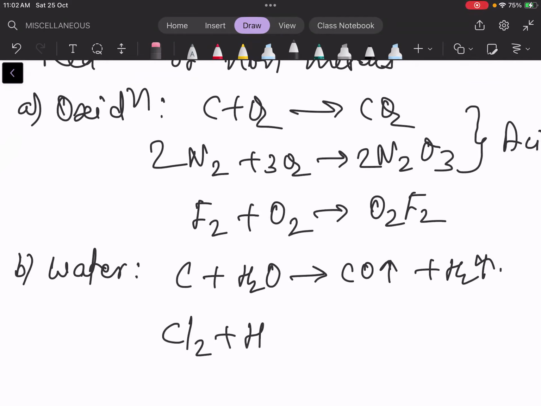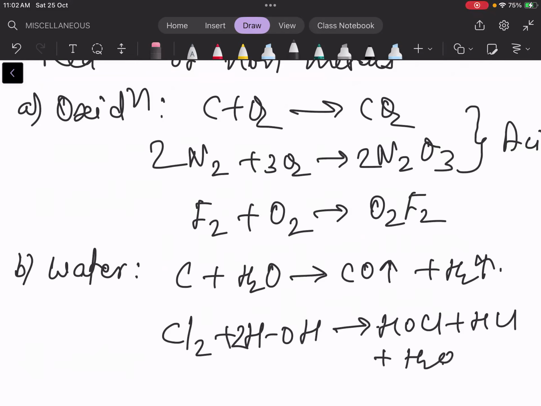Chlorine combined with HOH, what will we get? We will get HOCl plus HCl, one molecule of HCl and one molecule of HOCl.